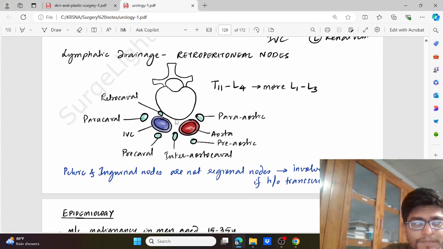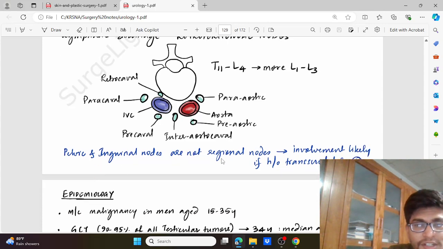These are retrocaval, paracaval, precaval, interaortocaval, preaortic and paraaortic, mainly from L1 to L3. Pelvic and inguinal nodes are not regional nodes, but if involved, the history of transscrotal surgery is positive.